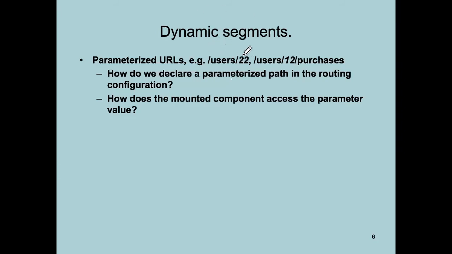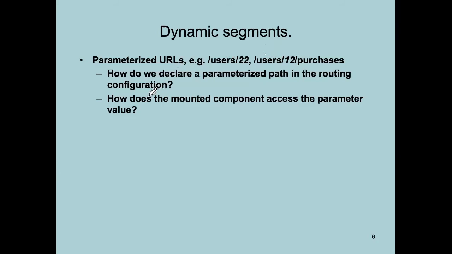So here are simple examples of what I might mean by parameterized URLs. Whatever the context of this application is, presumably the 22 here is maybe a user ID of some sort. And here as well, let's assume the 12 is a user's ID value. So the two questions are, how do we declare a parameterized URL in the path of our routing configuration?